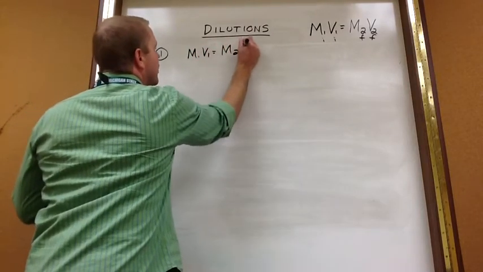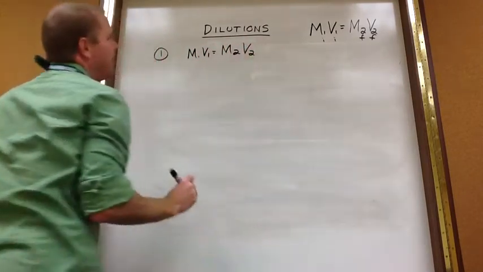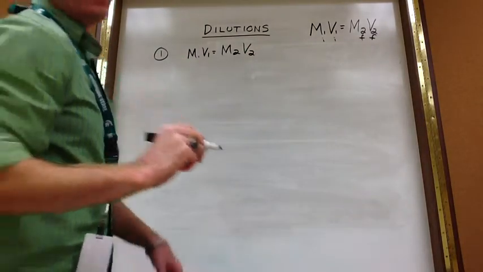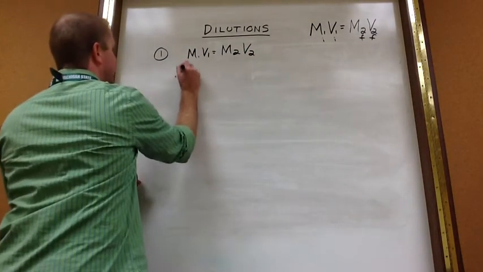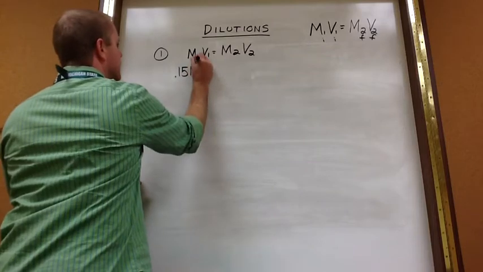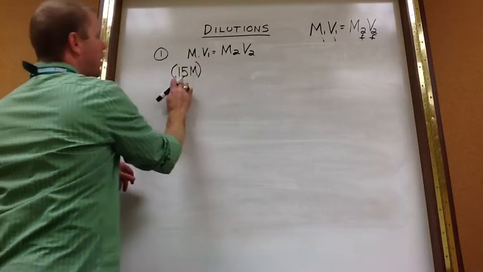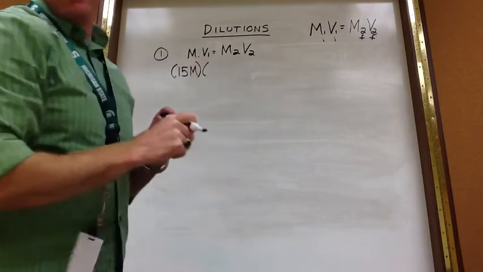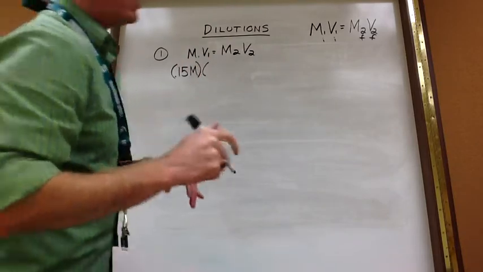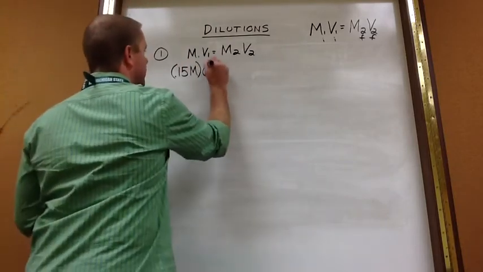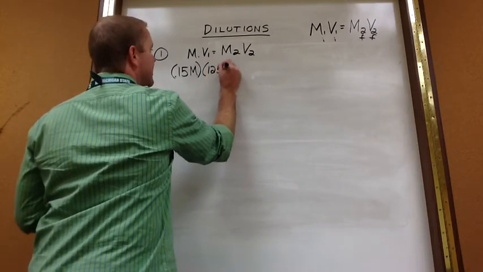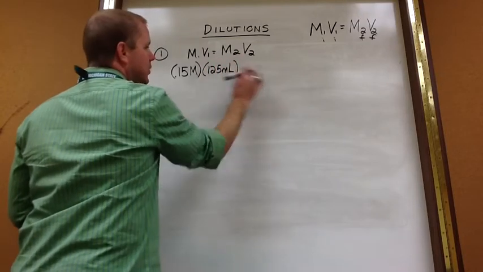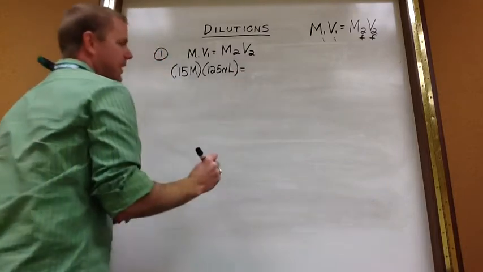Well, you were told originally that the molarity of the sodium hydroxide is 0.15 molar. You are also told for that 0.15 molar, you have what volume of it, and that amount was 125 milliliters. Now, here's what's cool. Just like in gas laws, as long as your units match on both sides, you're good.